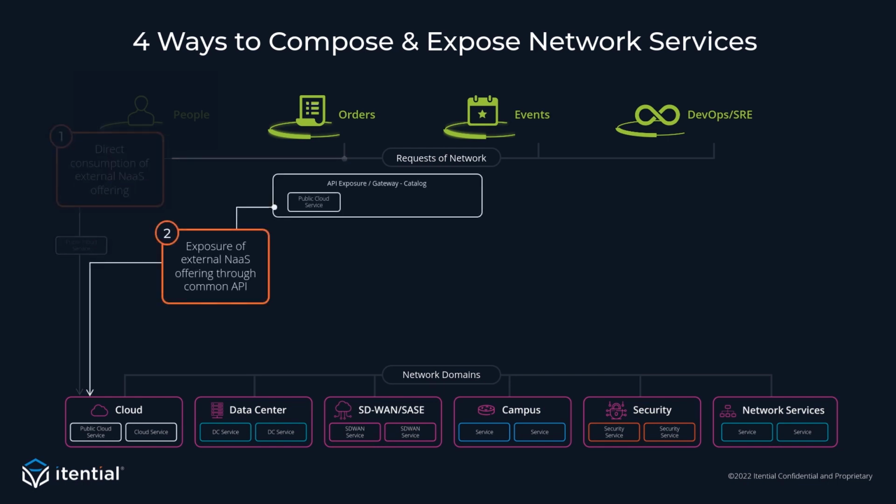So the second model then becomes, well, how can I allow that to continue to happen, but perhaps put some kind of wrapper around it so that it isn't something where people are continually going directly to AWS, but that I can republish that in my own exposure catalog. So I'm effectively repackaging that public cloud service.